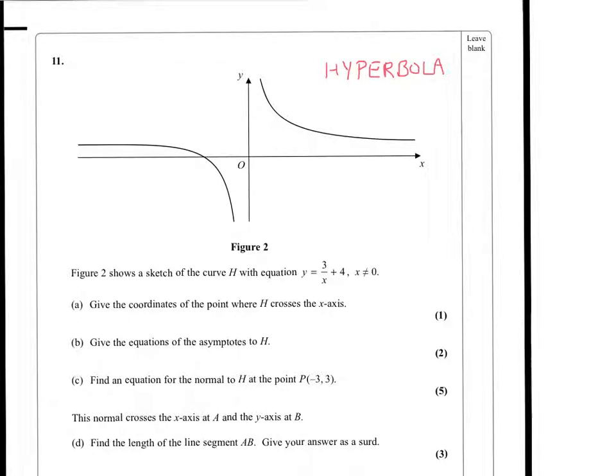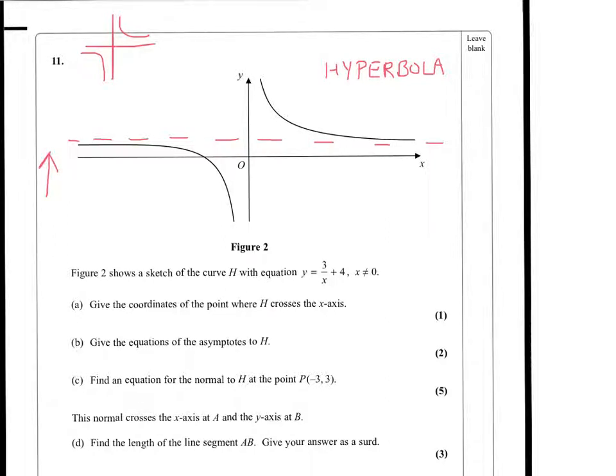It looks as though it's been moved, because the hyperbolas that we've come across have just had the x and the y axis as the asymptotes. This one seems to have an asymptote of the y-axis, and also there seems to be an asymptote there, which says to me that the graph has actually been moved up.